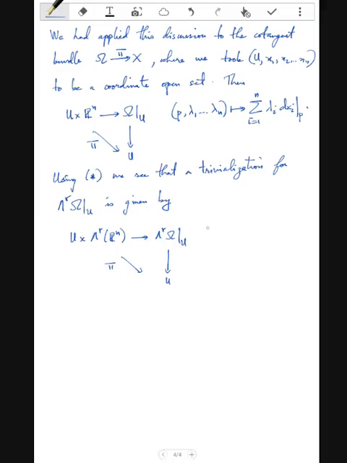So this is p comma lambda_I maps to summation lambda_I dx_I at p. So here I is a subset of 1, 2 up to n, and the cardinality of I is equal to r.